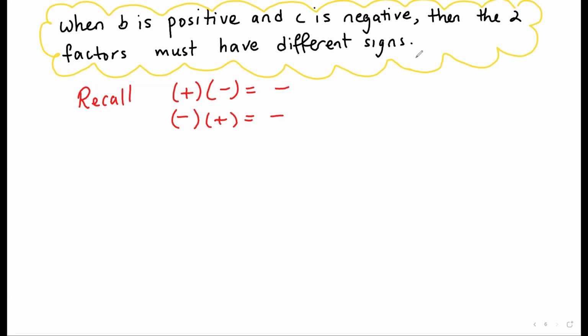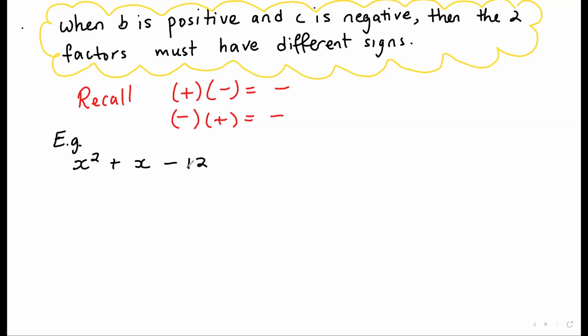So let's look at an example. Let's say I had x squared plus x minus 12. Here b is actually 1, because it's 1x. So b is 1 and c is negative 12.